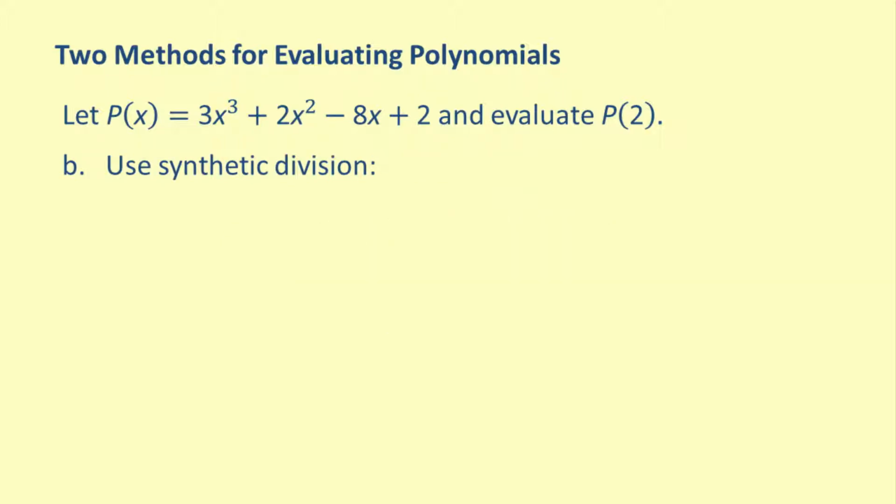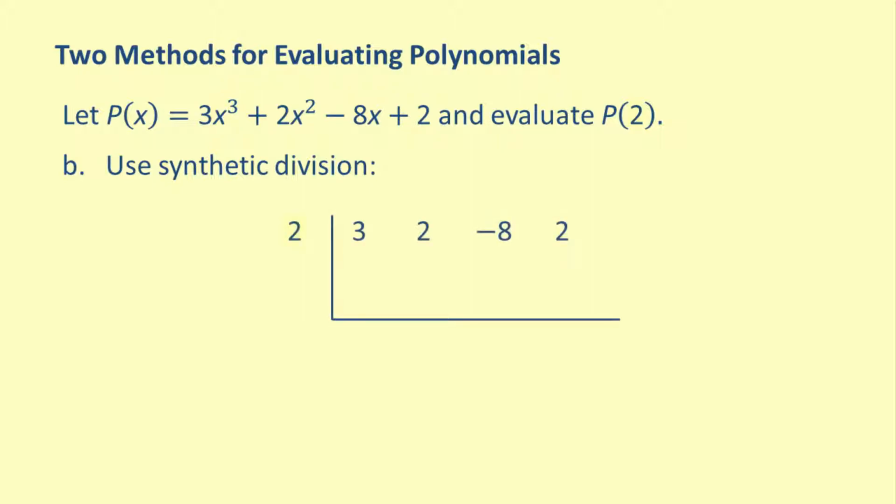Now, let's evaluate p of 2 using the remainder theorem and synthetic division. By the remainder theorem, if a polynomial p of x is divided by x minus a, then the remainder is r equals p of a. So, to evaluate p of 2, divide p of x equals 3 times x cubed plus 2 times x squared minus 8 times x plus 2 by x minus 2.